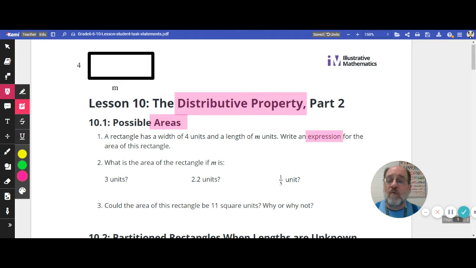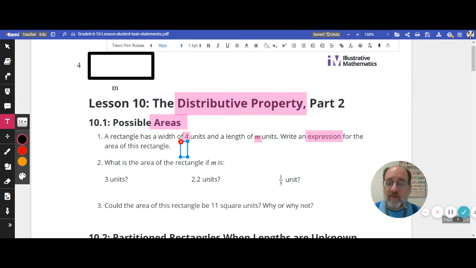Expressions often involve what we have here, a variable and a number and an operation. And the way that we talk about this is we say that that area is 4m. And just a reminder, every time we've got that number right next to the variable, that means 4 times m. We talk about 4 as being the coefficient.